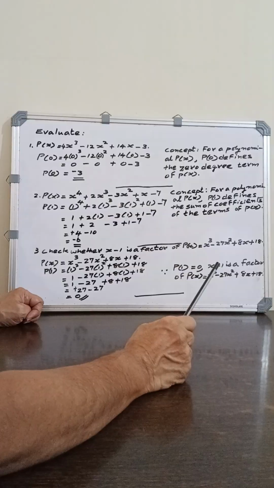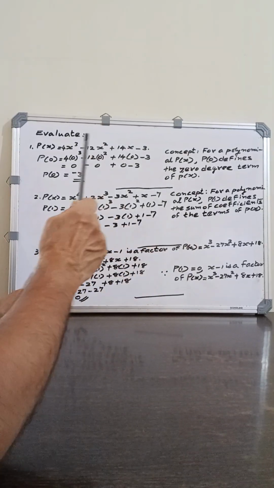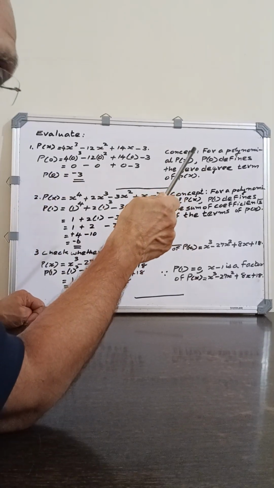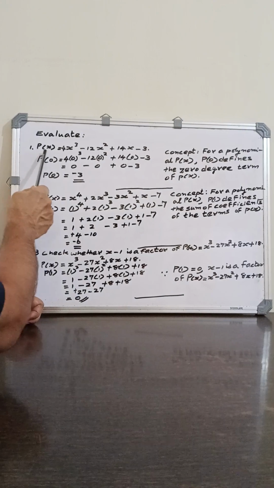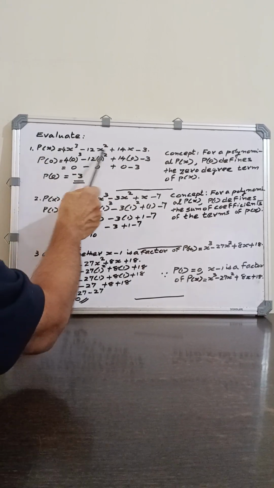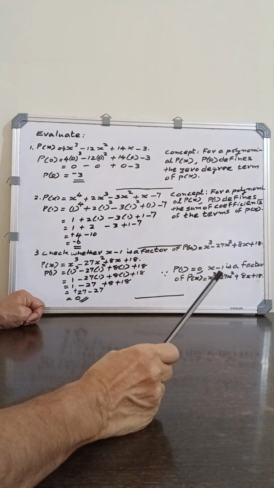Usually, in a polynomial, the terms are arranged in such a way that the degrees of the terms are in descending order of magnitude. Therefore, the degree of this P of x is 3 and the next terms are 2, 1, 0. Like that, we have to arrange.